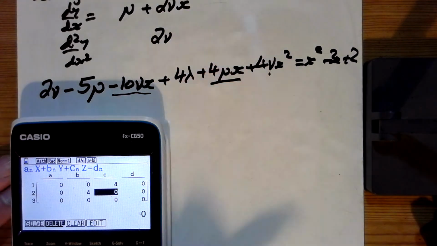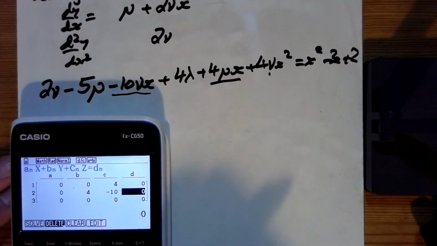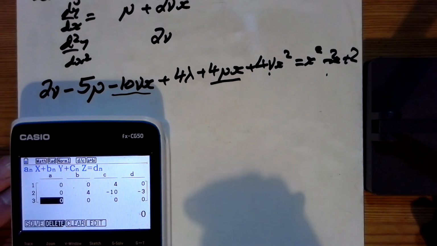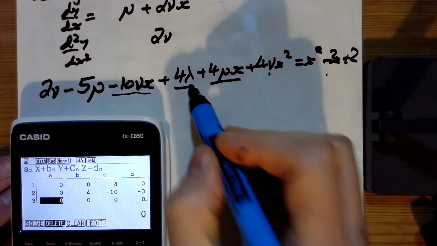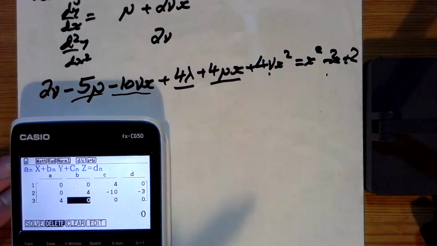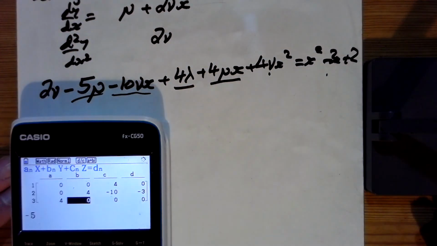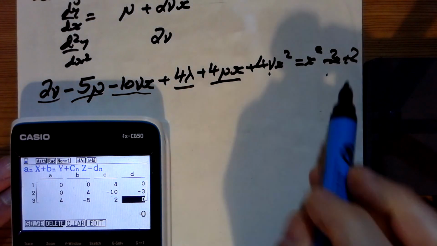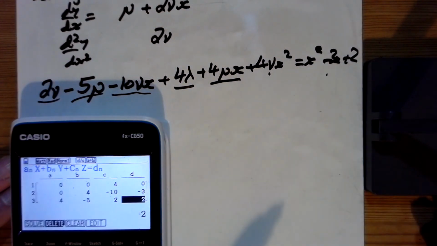We've got minus 10 nu of them there, and the x's we want minus 3. And now this row here is for the constants. First of all, the lambdas, which is 4 of them, then the mu's, which is minus 5 of them, and finally the nu's, which is 2 of them. And for the constant, we want that equal 2.